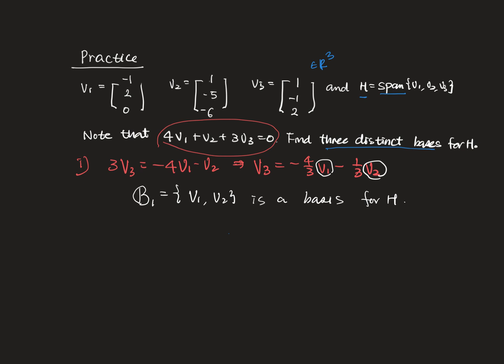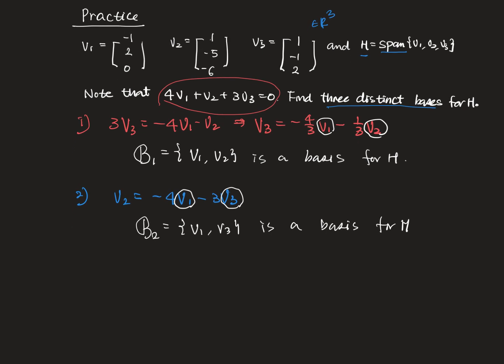Second, now you solve for V2. V2 equals negative 4V1 minus 3V3. This is a linear combination of V1, V3, so we remove V2. Another basis you find is V1, V3, also a basis for H.